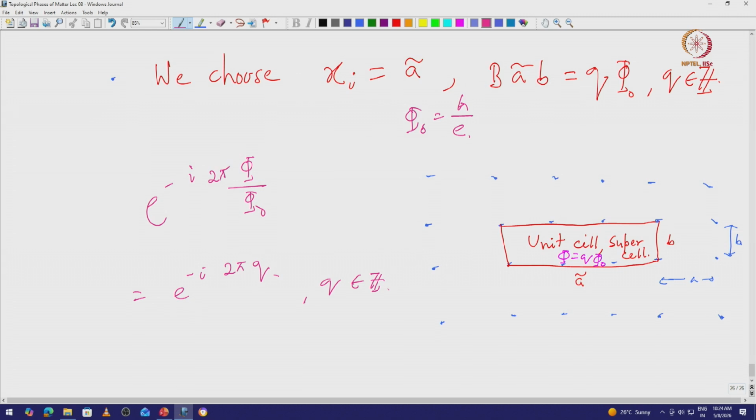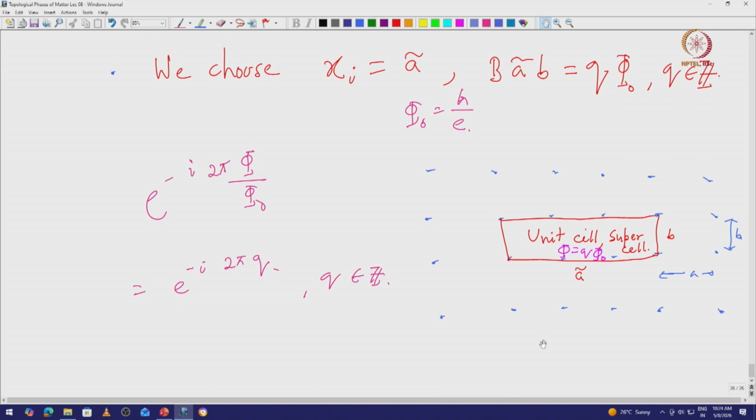So, by this time the electron hops from here to a distance of a tilde, the total phase it acquires is an integer multiple of 2 pi, which is 1. So, the parallel transport sort of forms a loop, the wave functions come back to themselves, and it sort of forms a loop that we talked about in the first chapter.